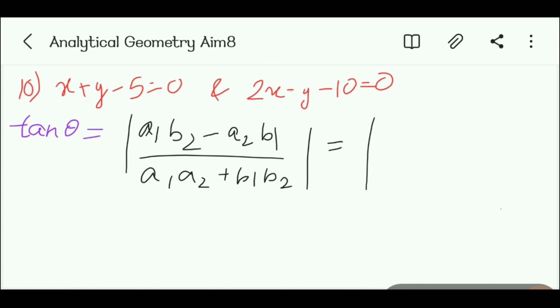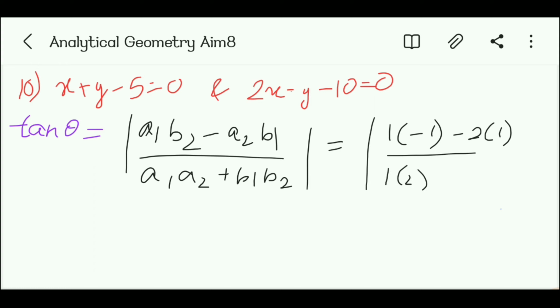As I have just shown the values, I am substituting everything in the formula. 1 into minus 1 minus 2 into 1, divided by 1 into 2 plus 1 into minus 1, all enclosed in modulus.